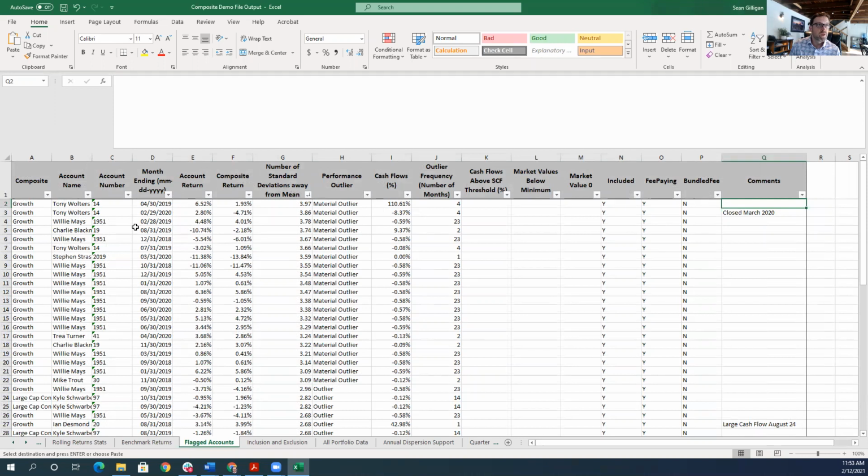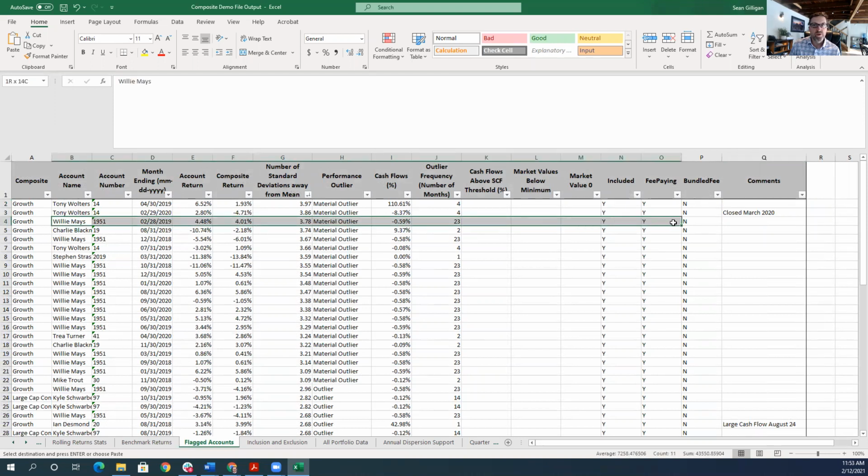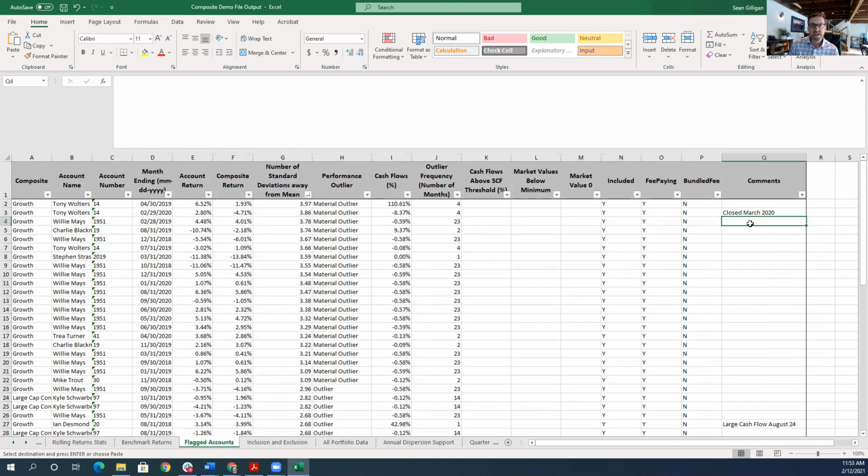So for example, when we look at this account that we had determined has been an outlier very frequently ever since, I think it was May of '18. If you determine that the client added a material restriction during May of '18 and that same restriction still exists today, the notes over here should very clearly state that the account needs to be removed from the composite from May of '18 through present day.